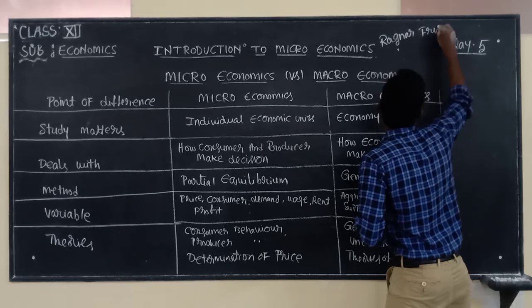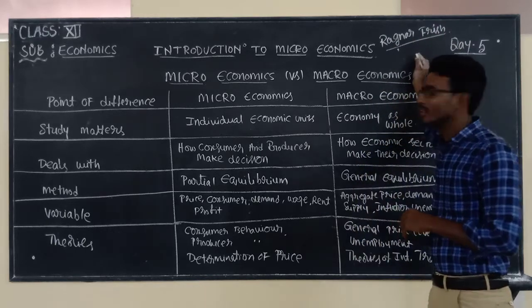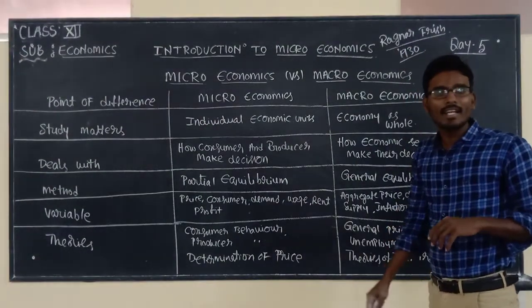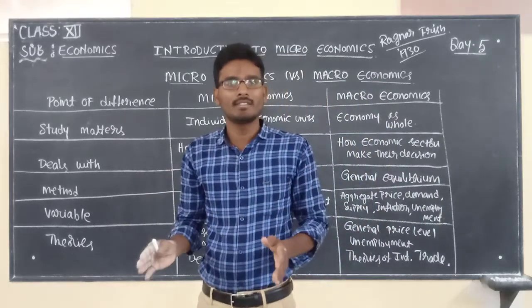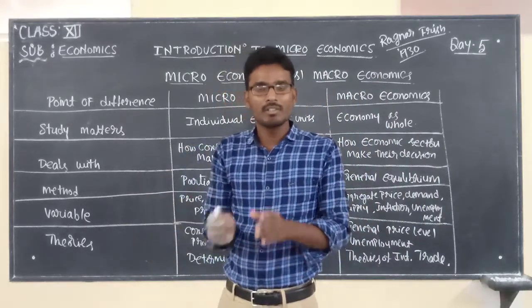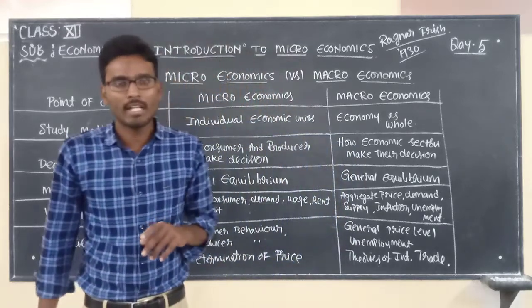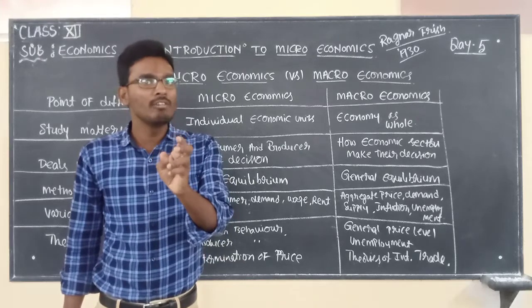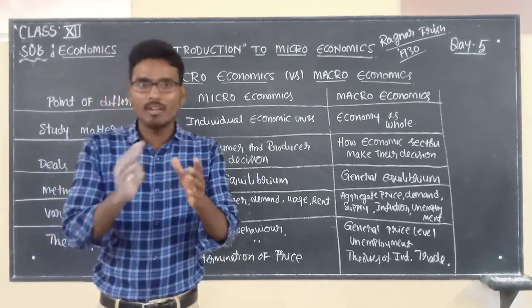Ragnar Frisch is an economist. In the year 1930, he classified economics into two branches to study economics. One is microeconomics and the second one is macroeconomics. From the general point of view, micro deals with individual aspects, macro deals with aggregate concepts.